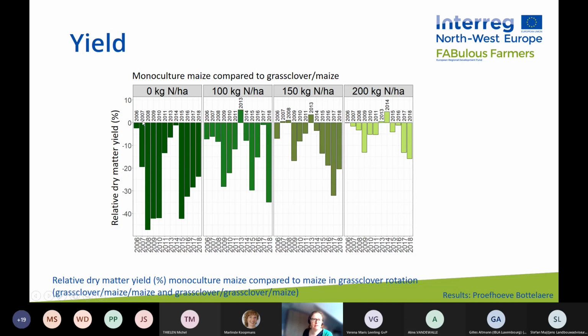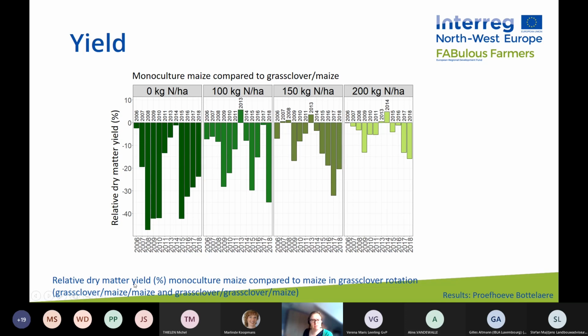For example, here, this point of 2007, then it says -20, and -20 means that the yield of the field with monoculture of maize has 20% less yield compared to the field where the year before there was grass clover.